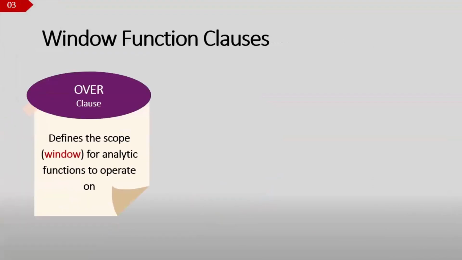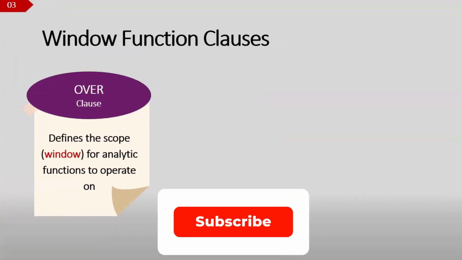And now let's look at the clauses of the window function. Let's go. First, the over clause. What is the over clause? Actually, when you make any aggregation, sum, average, row number, rank, there is an over clause where you tell it what to use to make the calculation.